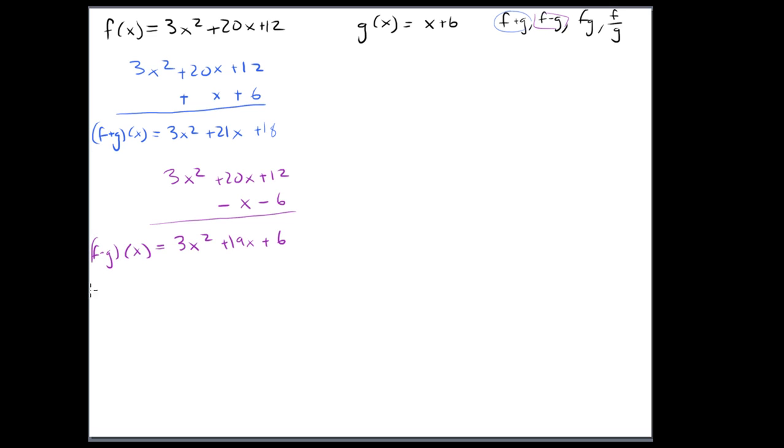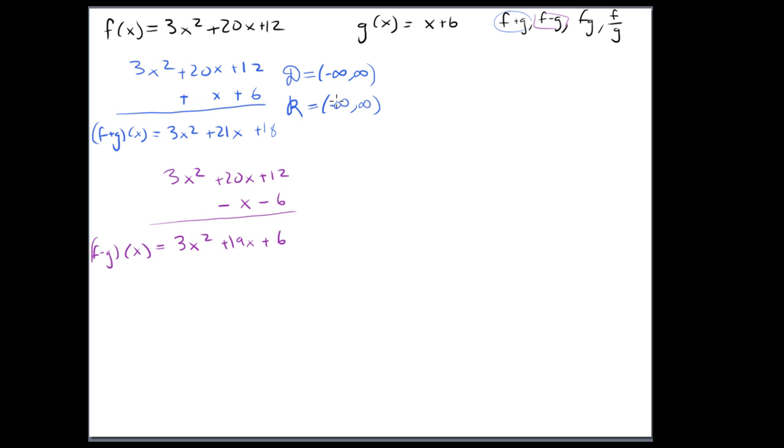Now, before we get into the products, let's take a look at the domain and the range for these right here. The domain is negative infinity to infinity. There's nothing crazy going on in the domain, and it's the same thing with the range.